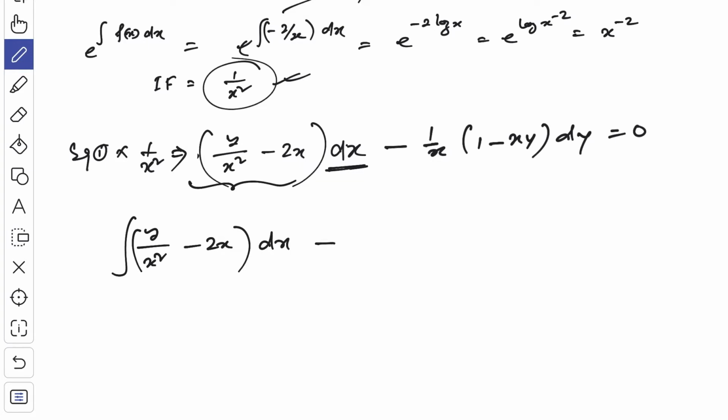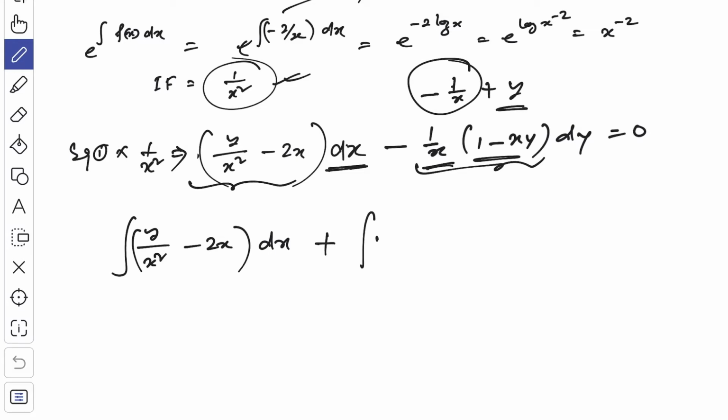Then we are going to integrate those terms only from this part which consist only y, which do not contain x. So if you multiply this, then you will get minus 1 by x plus y, isn't it? If you multiply this one and this one, then you will get this. So this is the term containing x, so we are not going to integrate this, we are going to integrate only this term. So integration y dy is equal to 0.